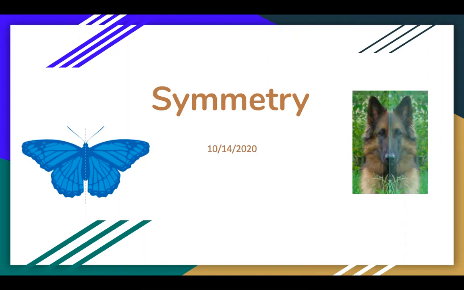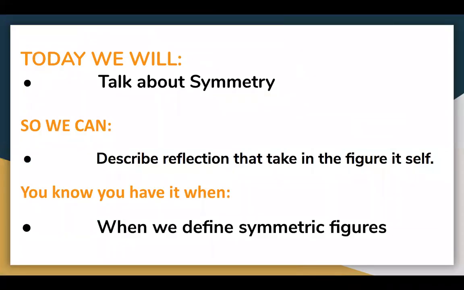Let's see. We're going to look today at symmetry. So today we will talk about symmetry, so we can describe reflection that takes in the figure itself. You know you have it when we define symmetric figures.